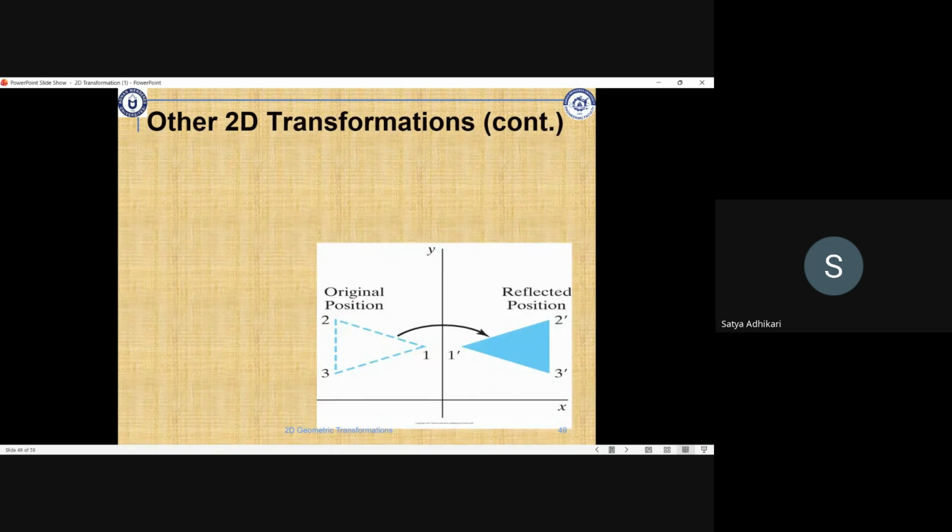Similarly, this is the reflection about the y-axis. If you keep a mirror on the y-axis, you will get the reflected image or reflected position of the object. 1, 2, 3 represented by the dotted line is the original position.